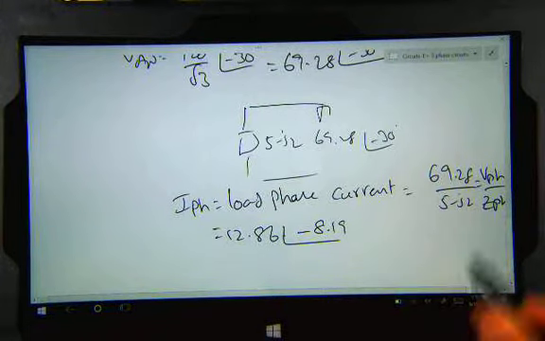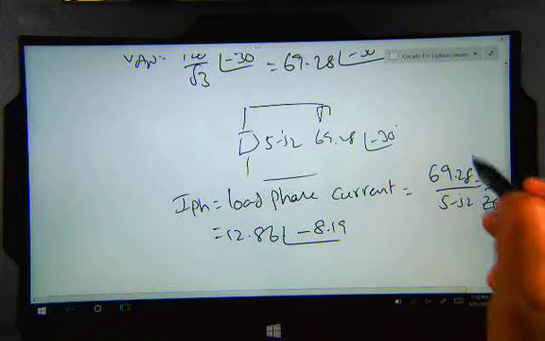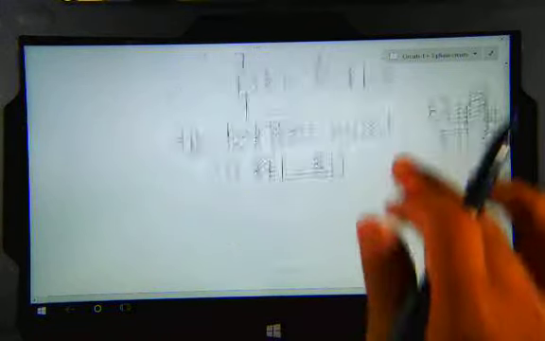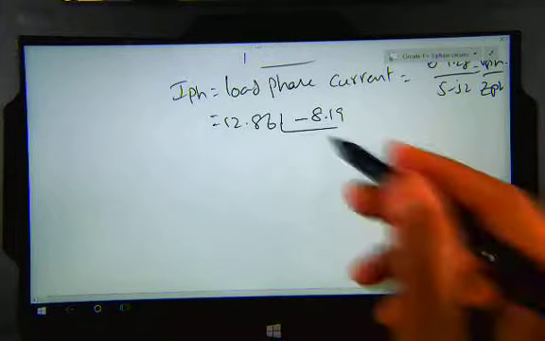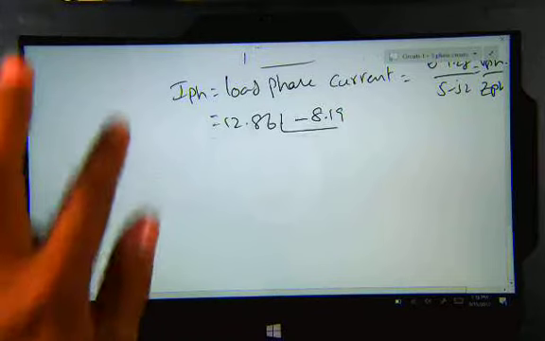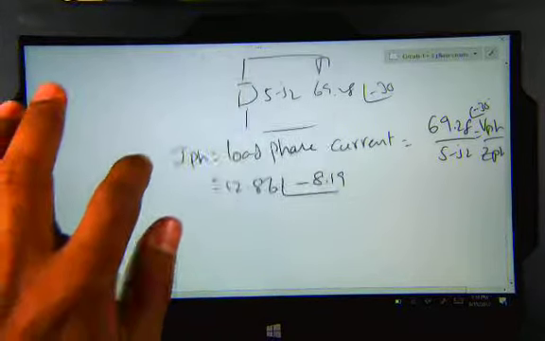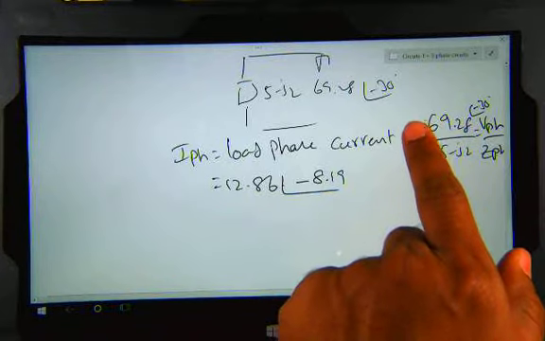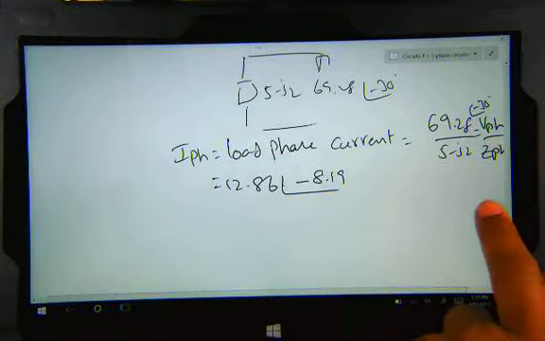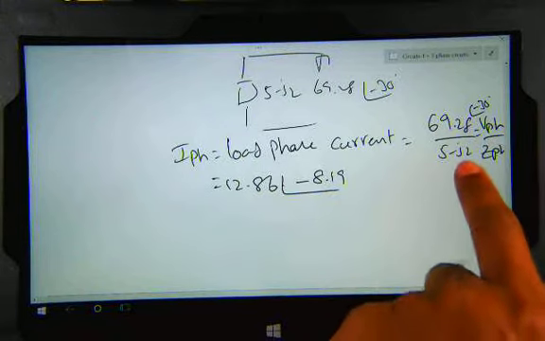If you look at the angles, the angle here is minus 30, and you will end up with some more angle there. So the angle between the phase voltage and phase current is minus 30 plus whatever angle you end up with here.